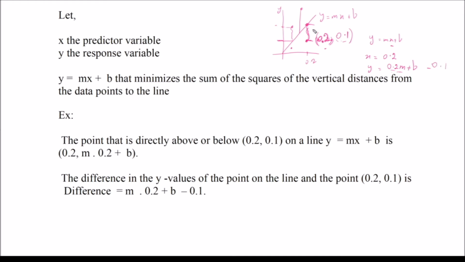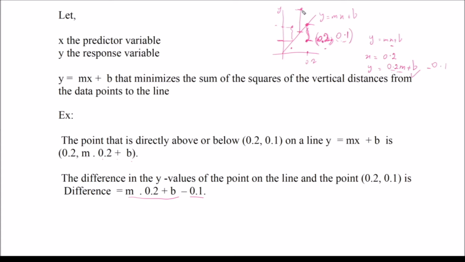If it is on this line, if my x is 0.2, then the y value will be m multiplied by 0.2 plus b, which is exactly this one. This is already given to you. In that case, the difference in the y values is nothing but I take that value and subtract this. That means I'm taking a difference between two points, right?